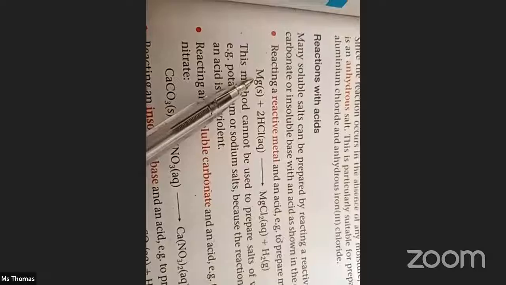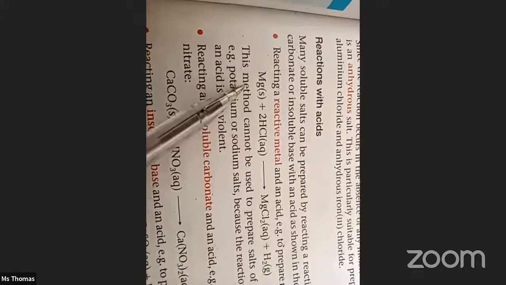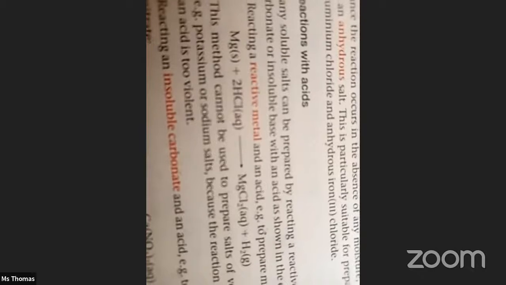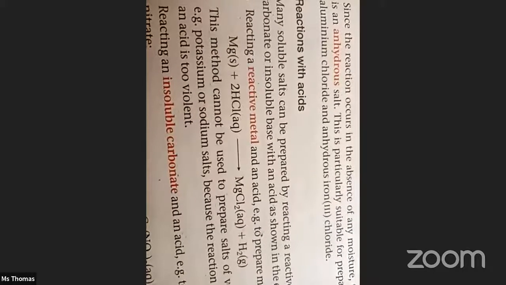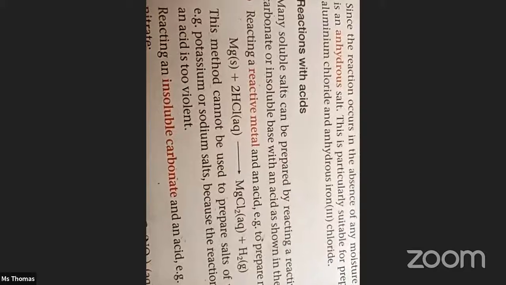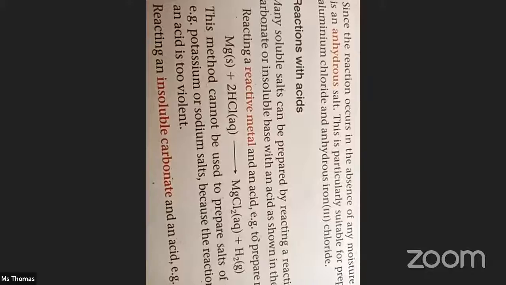In this example, they have magnesium and they have hydrochloric acid. What is the name of the salt that will be produced when you have magnesium and hydrochloric acid? Miss, magnesium chloride. Very good. You will get magnesium chloride, and that is a soluble salt, as well as hydrogen gas.